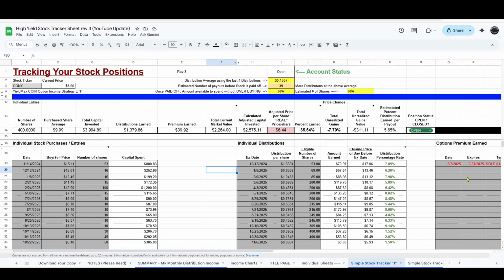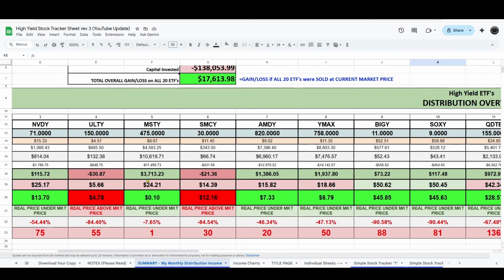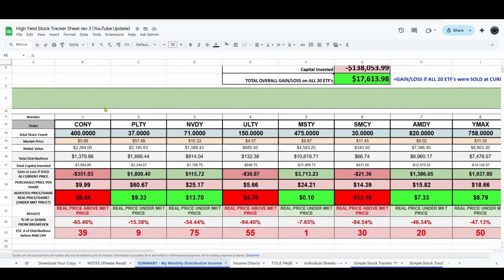If you're not, then you don't have to worry about that. If you enter in those dark gray cells, that is all you have to do. You do that for each one, and it will automatically populate this summary page for you. So you can see right here, there's CONY and PLTY and NVDY. All this is populated for you. It tells you the total number of shares you have.